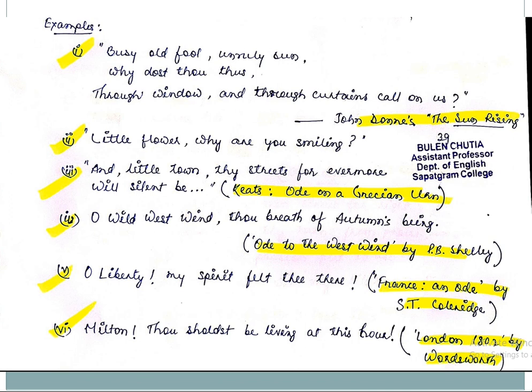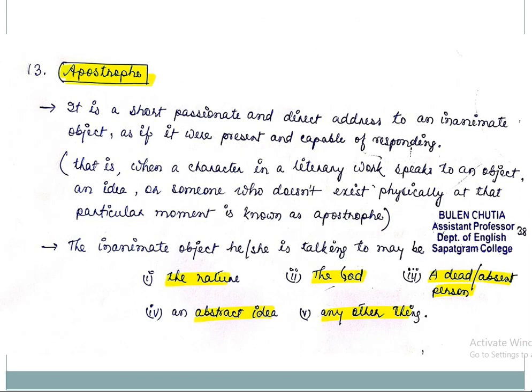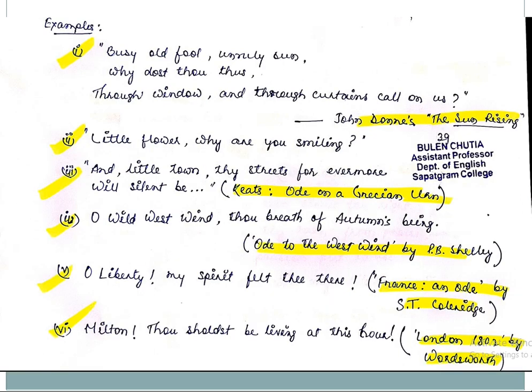I have already told you that the addressed object may be a dead person as well, or an absent person as well. So this is an example of this kind. I think you have understood what apostrophe is. It is very easy but very important from an examination point of view. Sometimes the examinations will ask you to identify whether it is apostrophe or anaphora or something else.